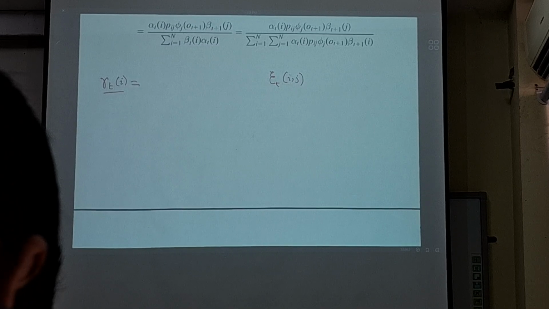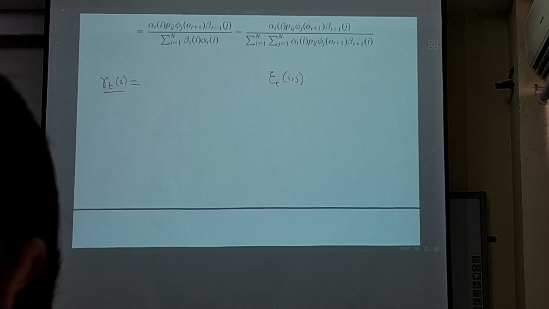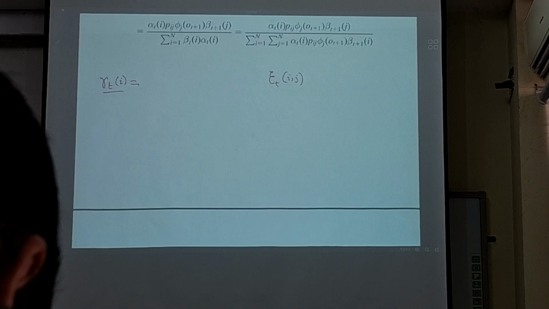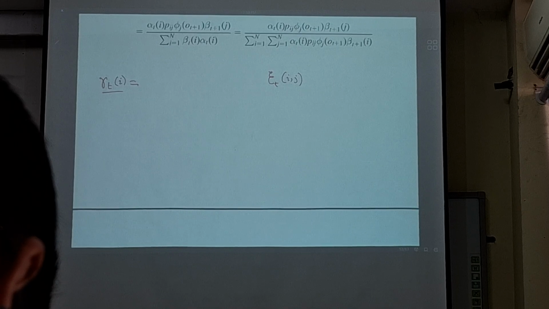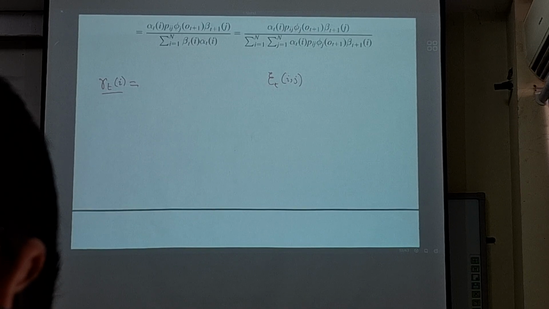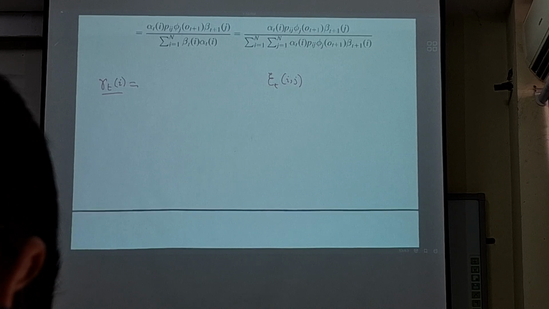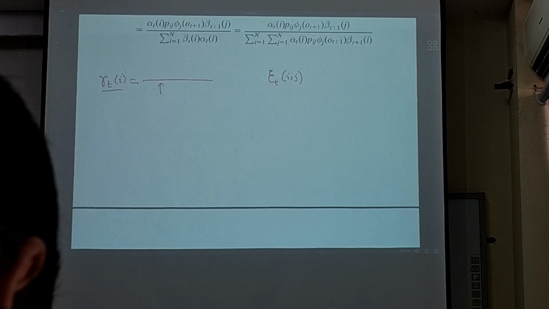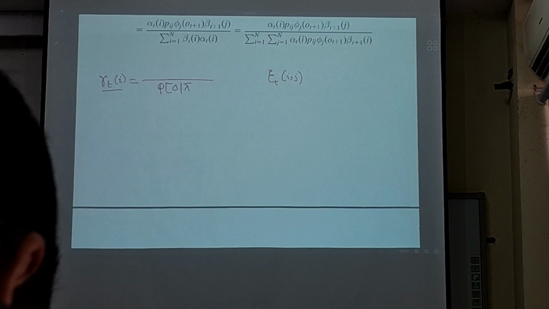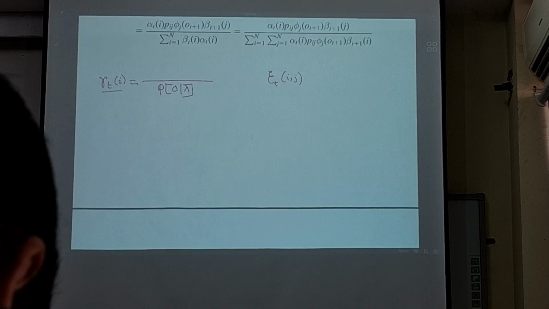This one represents what? The probability that at time t you must be in state I. No other. So it considers all the paths that are through state I at time t with respect to all the paths. So when we call all the paths are represented by this one that we have seen in the last class.